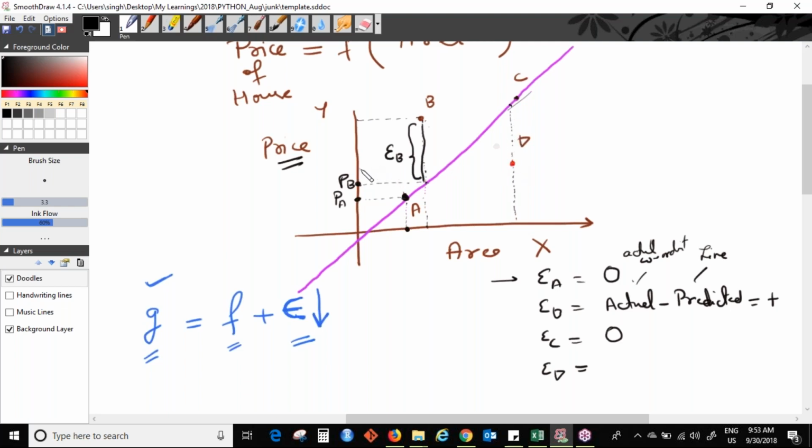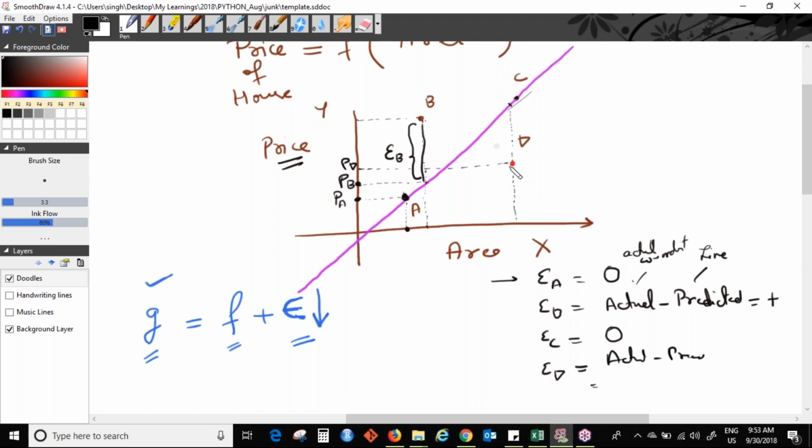So here also we will write actual minus predicted, which is, since actual is more, no, our predicted is more, sorry, I made it wrong.